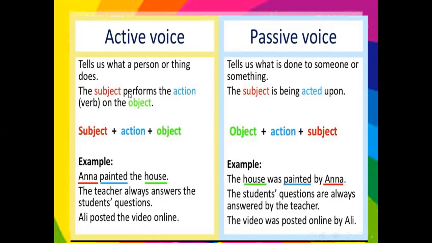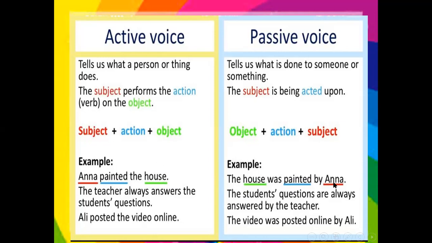So here we said Anna painted the house. We said that Anna is the subject, painted is the verb, and the house is the object. Here we will put the house, which is the object, at the beginning of the sentence. Then we change the verb: was painted by Anna.